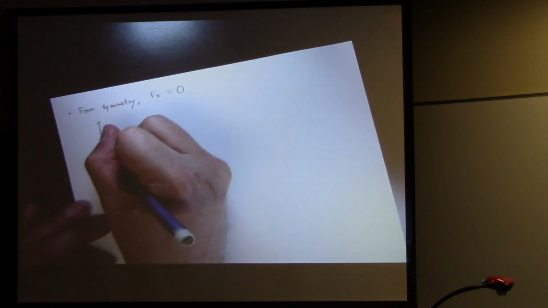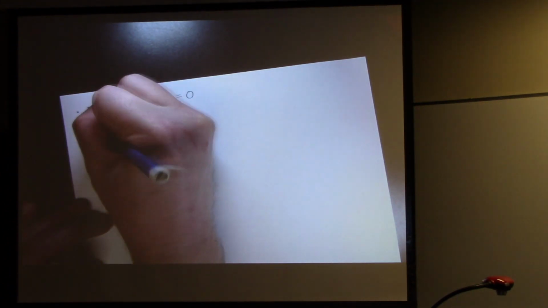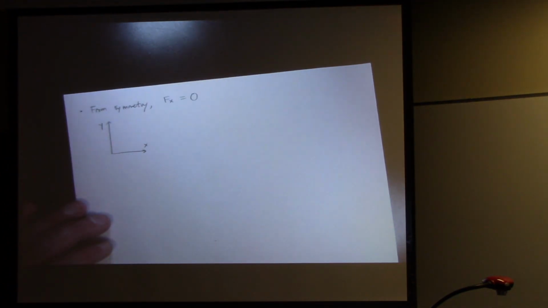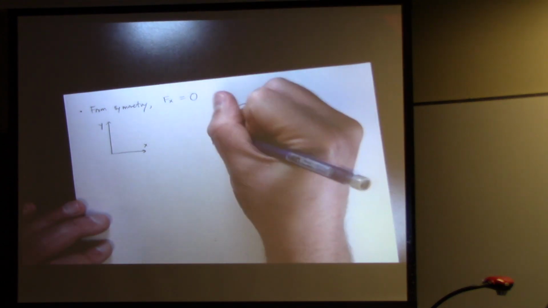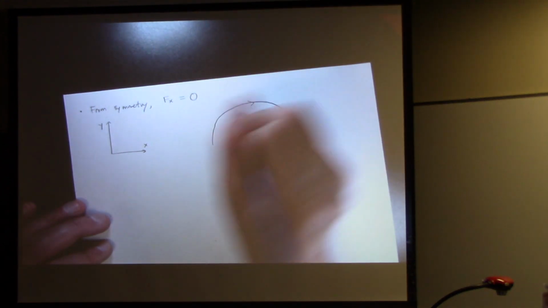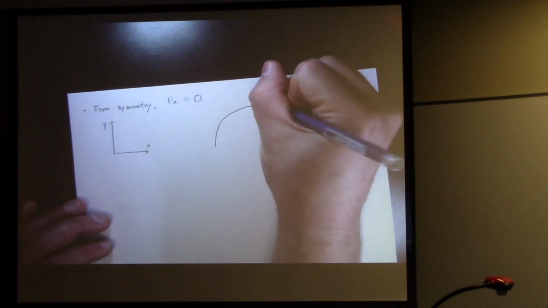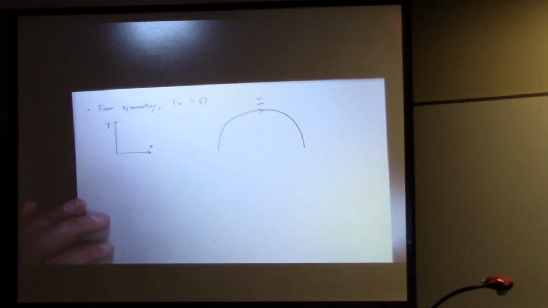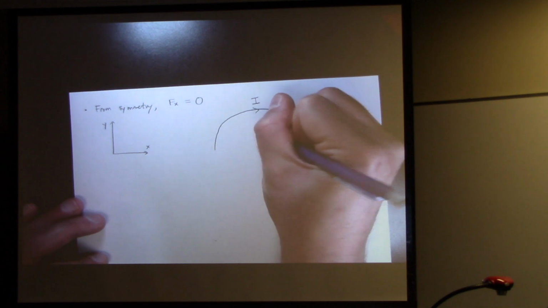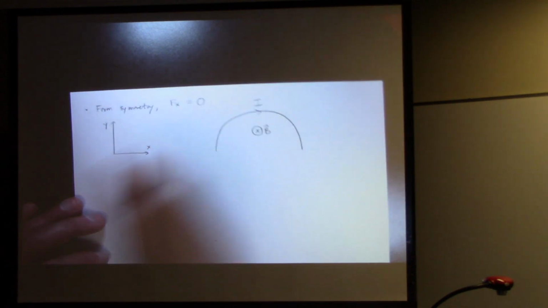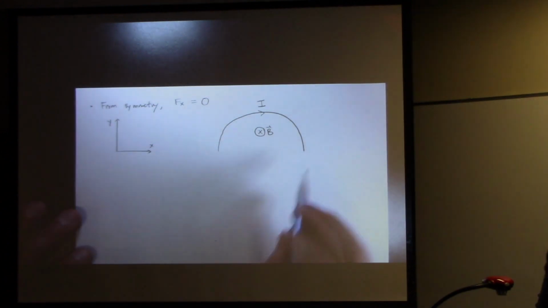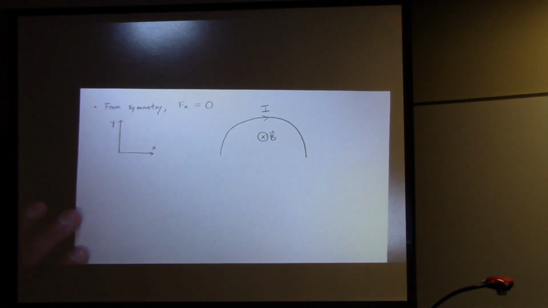All right, so here is our coordinate system, x, y, like so. And then here is our half circle, which carries a current going this way. And of course, this whole thing is inside of a magnetic field, which is going into the page. So that's the idea. The current is going along the wire, and then the magnetic field is going into the page.